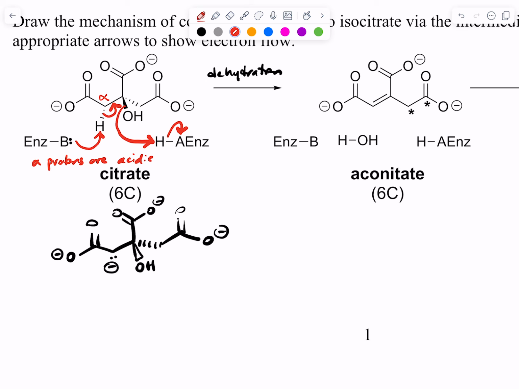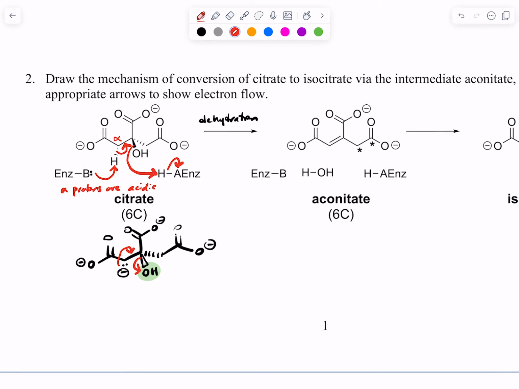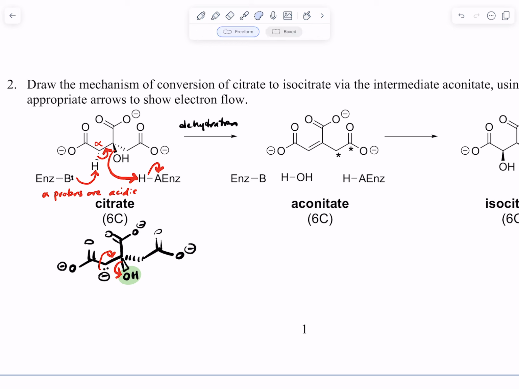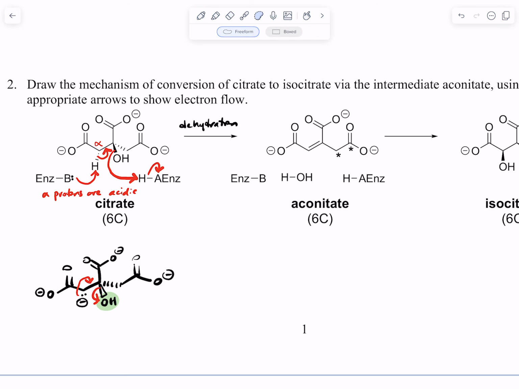Then that negatively charged carbon is going to act as a kicker to kick off OH minus as a leaving group. And probably it needs to pick up a proton either as it leaves or immediately after it leaves. So that's another way to visualize what's going on.